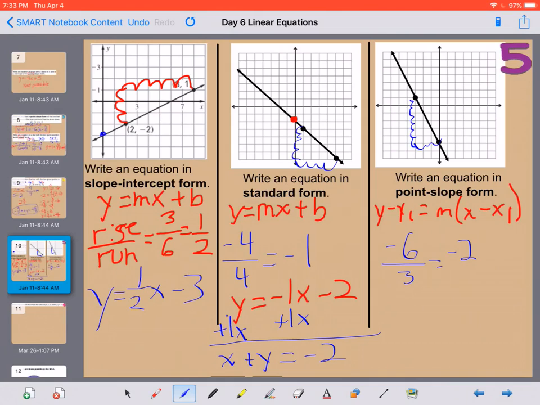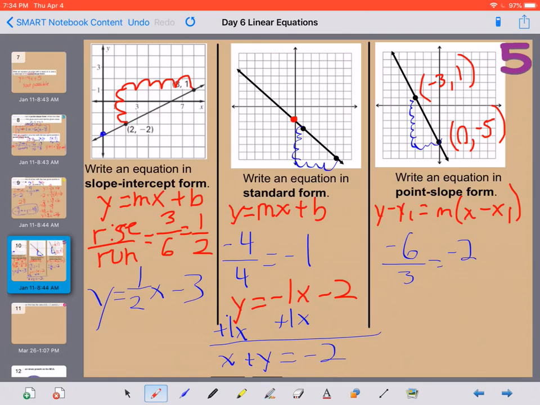Now we just need a point. I can use either one of these 2 points, it does not matter. I could use negative 3, 1, or I could use 0, negative 5.